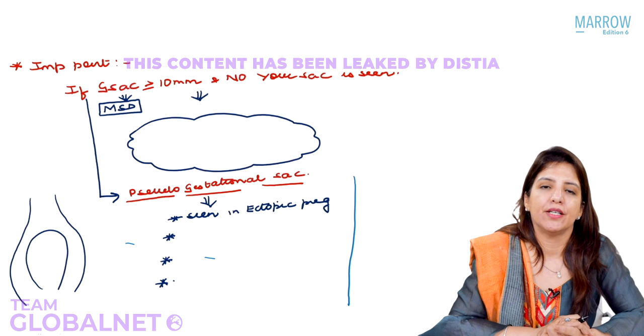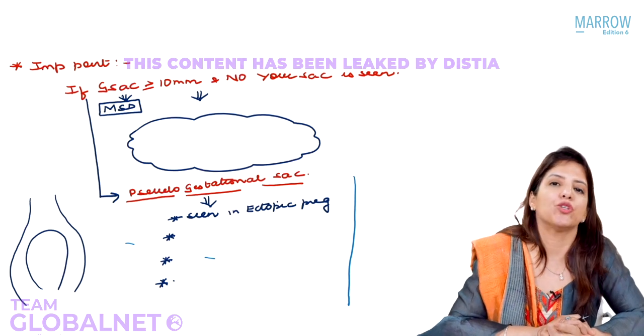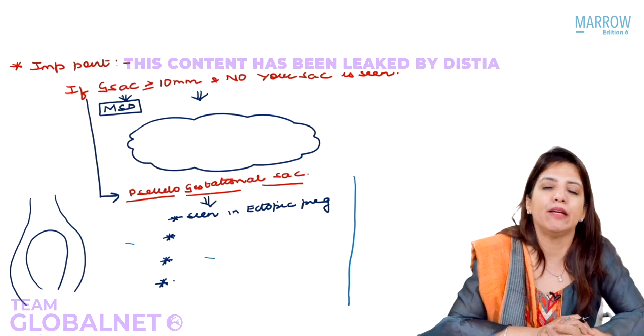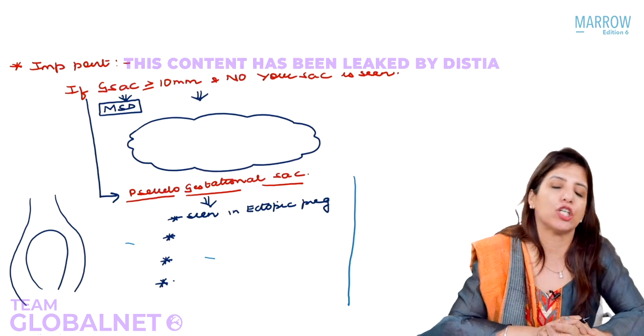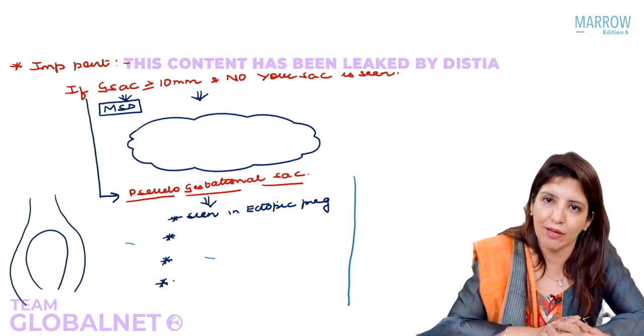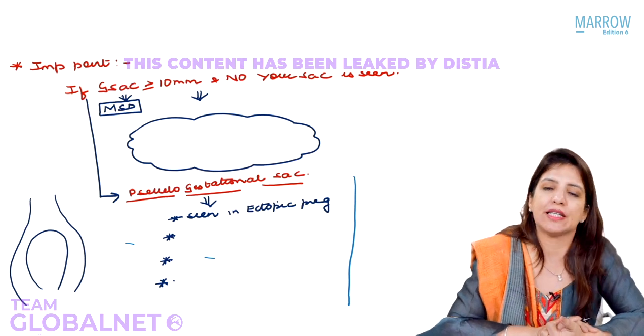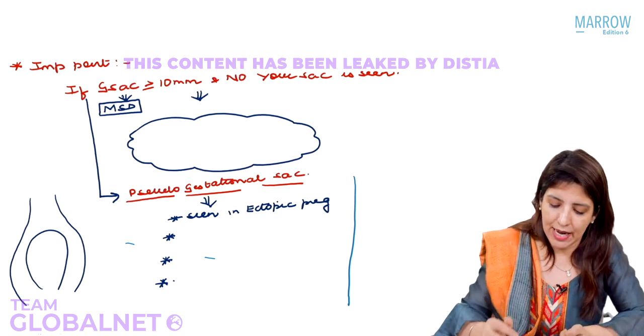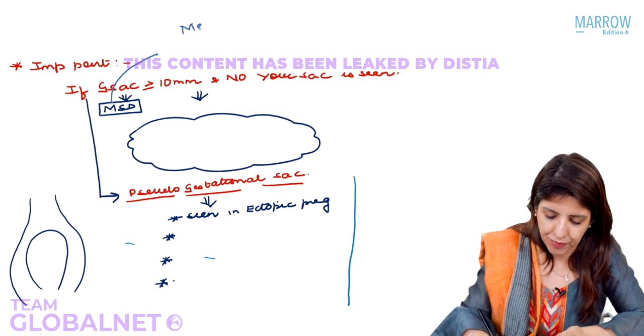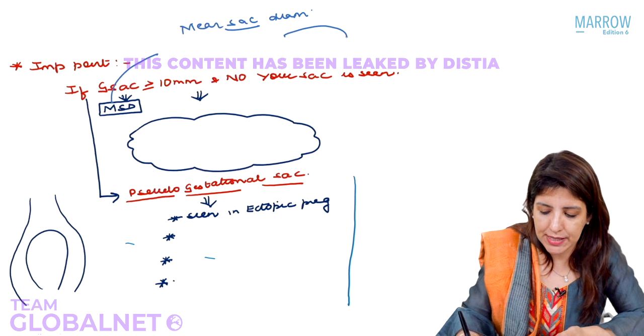Next important point is if the gestational sac is more than or equal to 10 millimeters. Now, when I say gestational sac is more than or equal to 10 millimeters, the term which can be used in your questions is mean sac diameter, MSD. What do you understand by mean sac diameter?